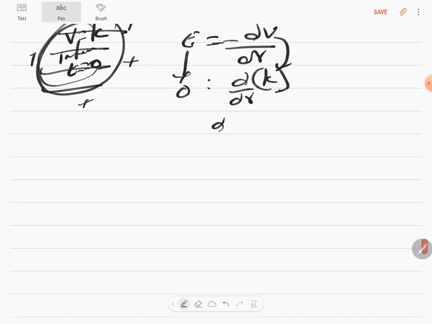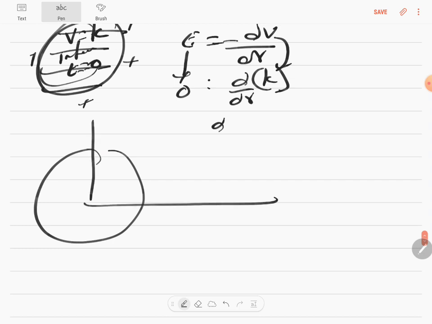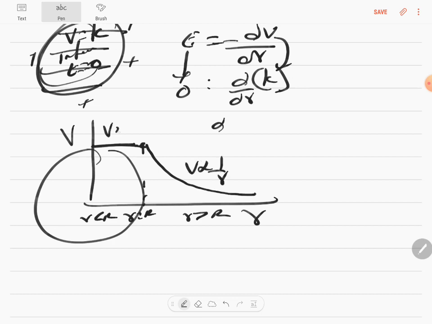Thus you can draw this graph between potential and position vector, where small r is equal to capital R. This is when small r is lesser than capital R, and this is when small r is greater than capital R. Interior, it is a constant, and after small r is equal to capital R, V is inversely proportional to R. As long as it's inside, it's going to have the constant value.